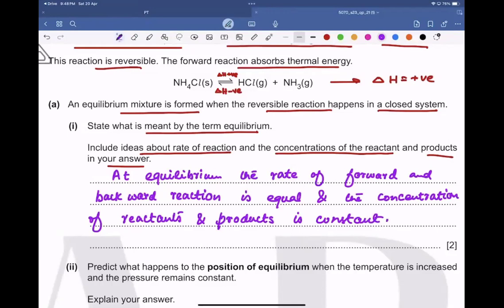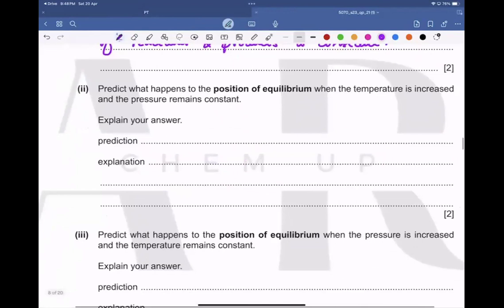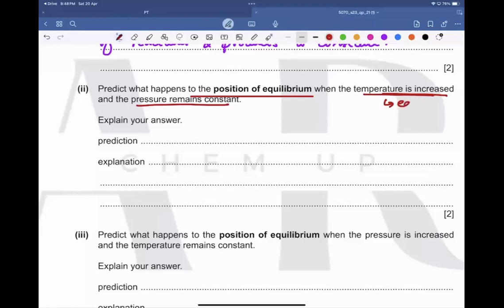Okay. Now, next part. Predict what happens to the position of equilibrium when the temperature is increased and pressure remains constant. So remember, when the temperature is increased, where does the equilibrium shift? One more minute, please.